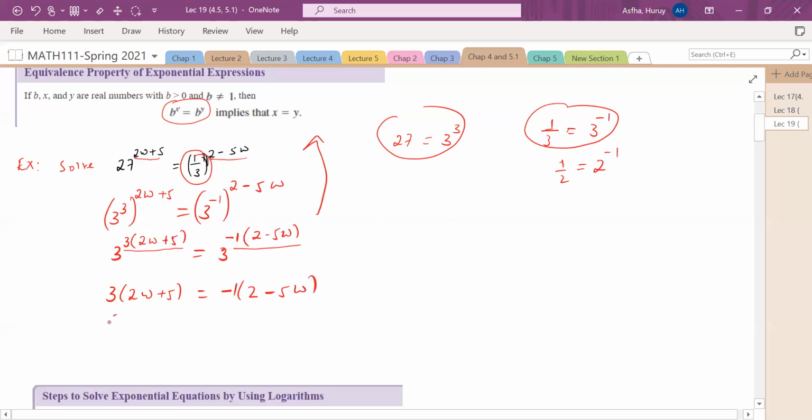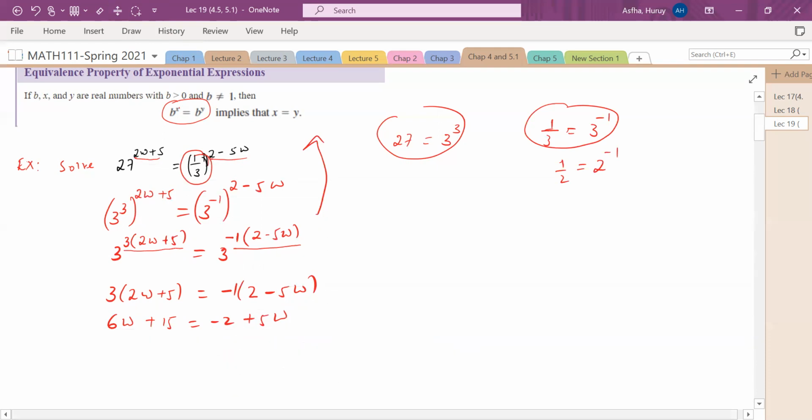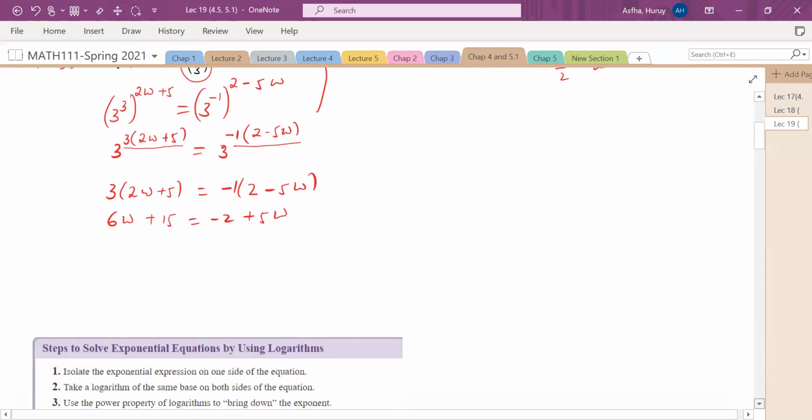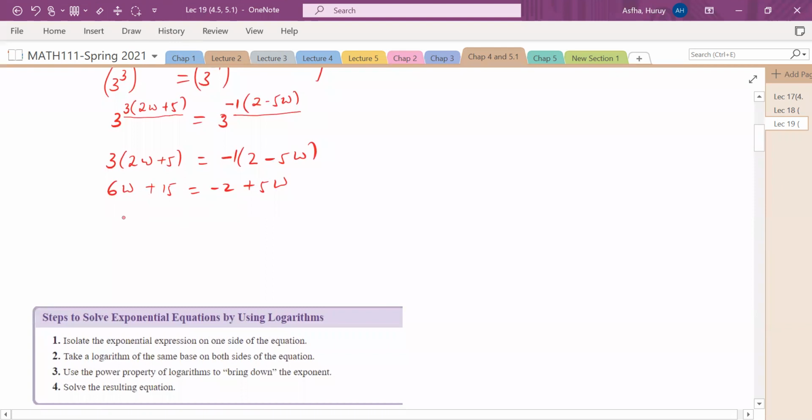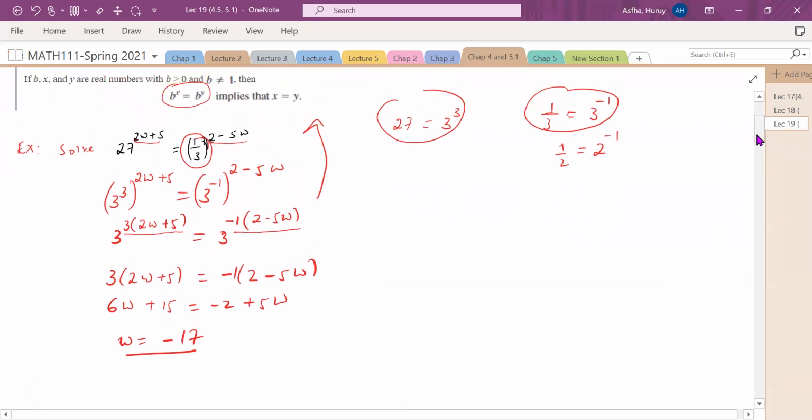We distribute: we get 6w plus 15, and then -2 plus 5w. Now we have a linear equation, and we know how to solve it. Bringing like terms together, we have w equals -17.